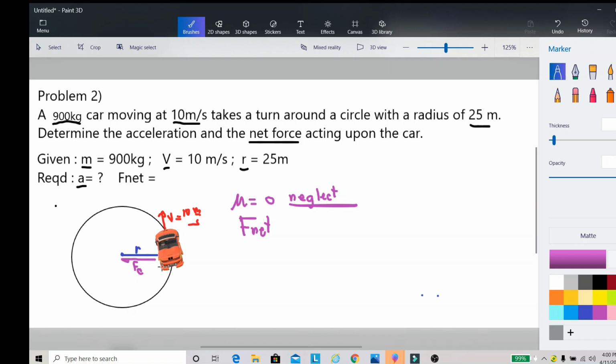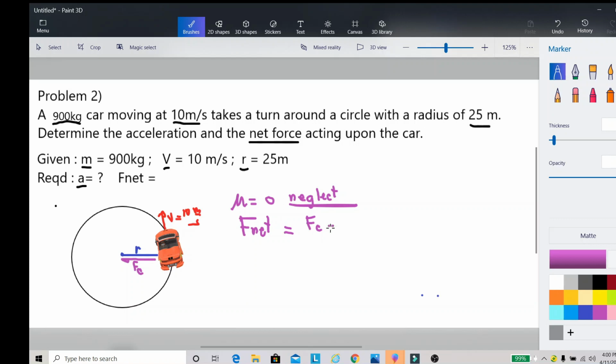So the only force that is acting on this one, the net force that is acting on this one is F sub C, which is the centripetal force. So yan yung ating isosolve, ano?